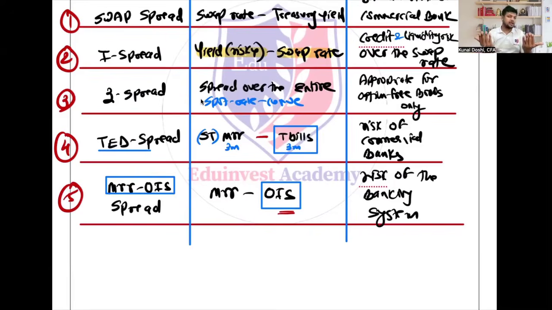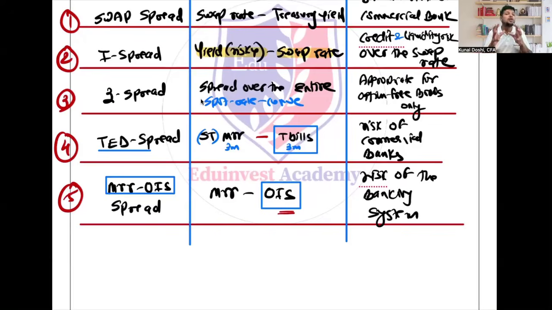T-bills are also less than 1 year, correct? MRR-OIS is comparing the MRR with the OIS. OIS is for very short term, less than 1 year, for overnight, 1 day. You can compare both for the money market to answer your question. Both can be used because both use a reference which is a less than 1 year instrument.